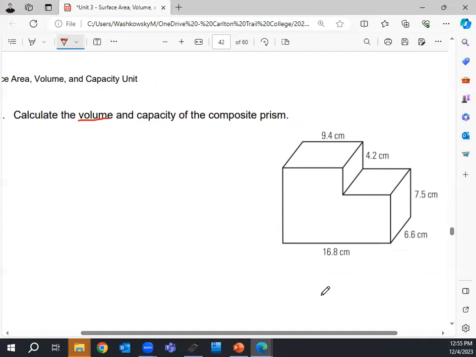You have to find the area. Well, I have to find the area of the base. You're right. So I'd have to find like this thing here.